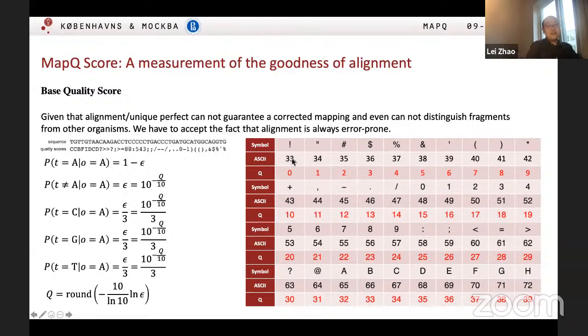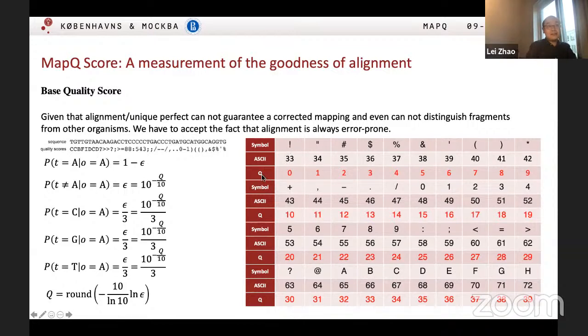And 33 is the first visible, or first printable, ASCII symbol. That's why we choose it as the starting point to show the quality score, and the quality score corresponds to this Q score.